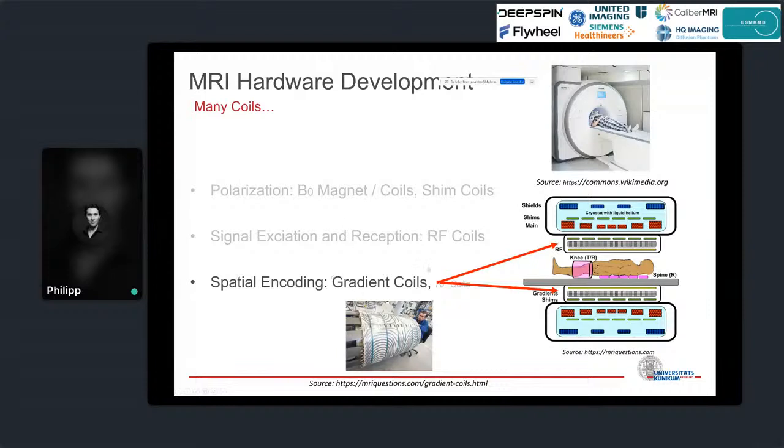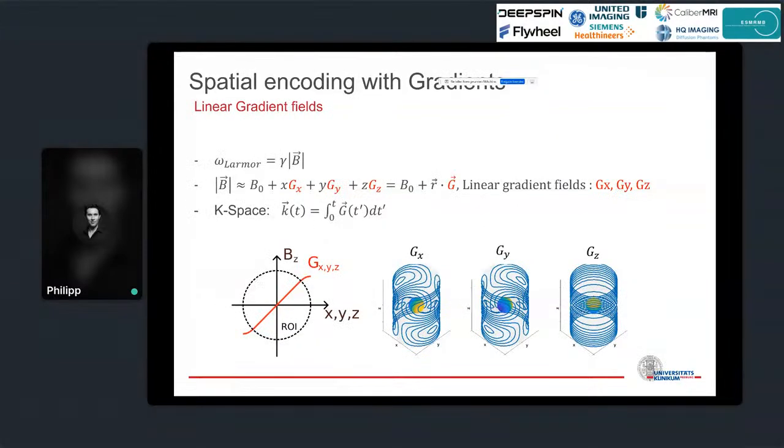Yeah, so it's about gradient coils, and they are located between the main magnet and the RF coils. As a note on theory, why you need gradient coils: in MR we acquire the magnetic precession via the Larmor frequency, and in itself it has no spatial information.